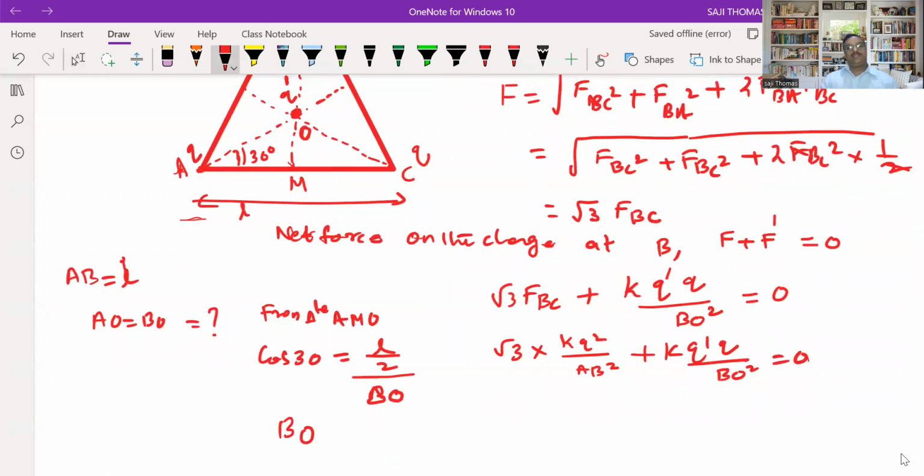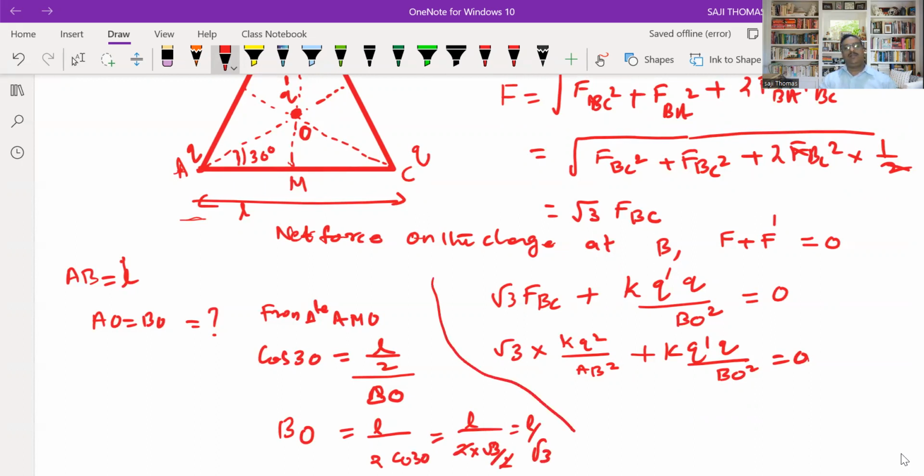BO equals L by 2 cos 30. Cos 30 is root 3 by 2, so the 2 cancels and you get L by root 3. So that is the value of BO.